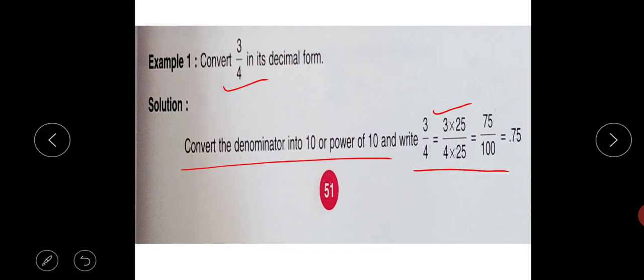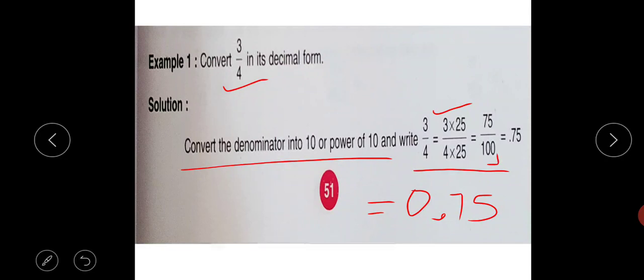Now 75 upon 100 is equal to 0.75. First of all we count the number of zeros, which is 2.